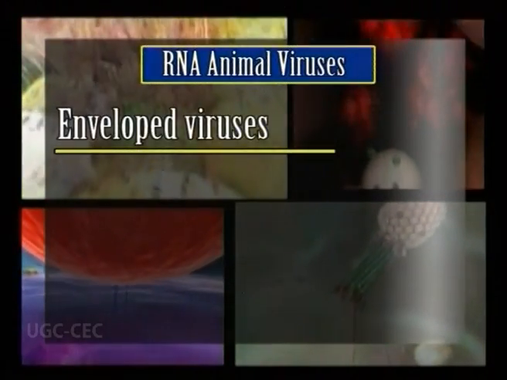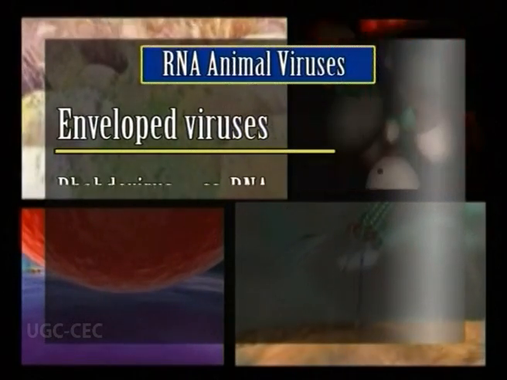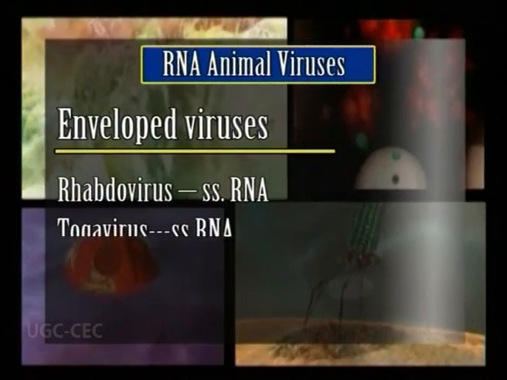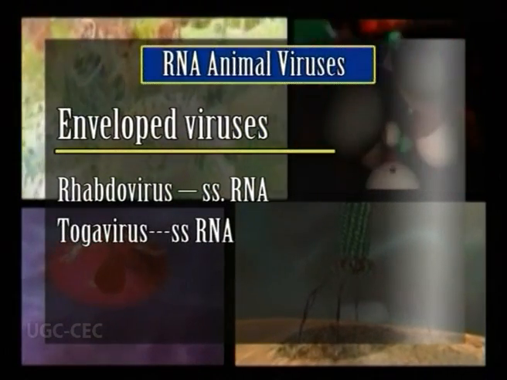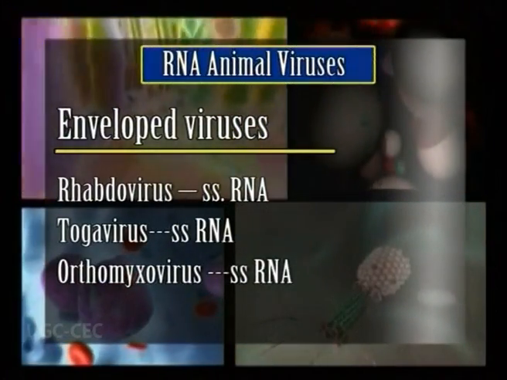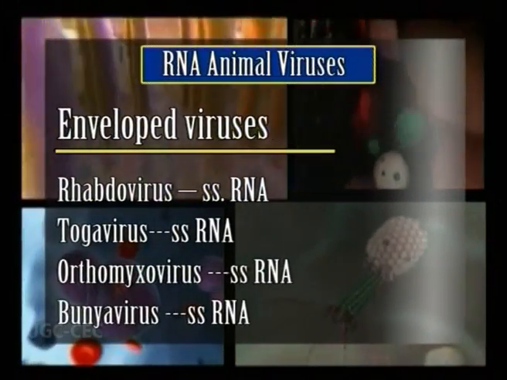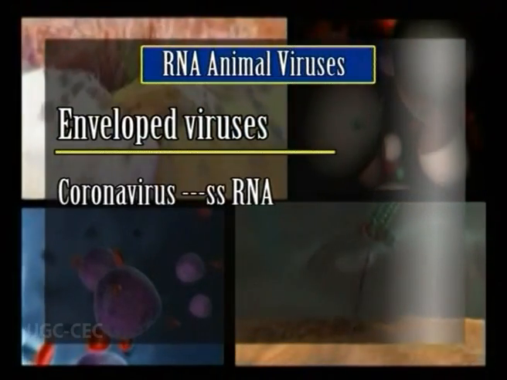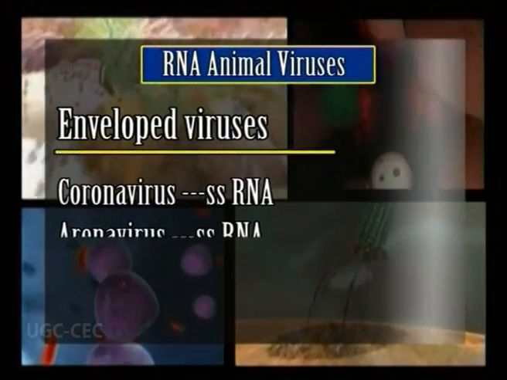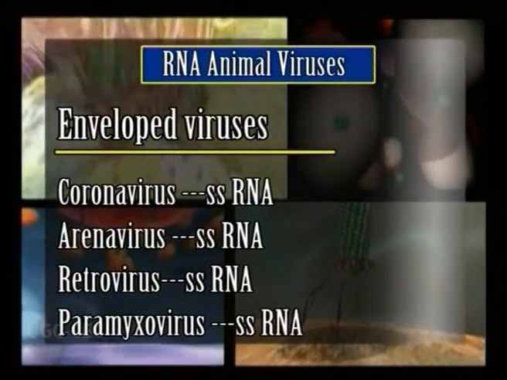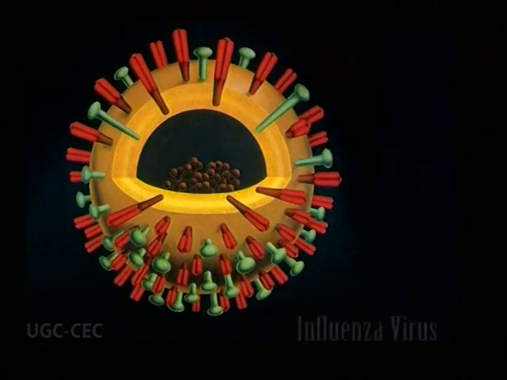In case of enveloped RNA viruses, rhabdovirus has single-stranded RNA, togavirus with single-stranded RNA, and orthomyxovirus with single-stranded RNA, Bunyaviruses with single-stranded RNA, coronavirus with single-stranded RNA, arenavirus, retrovirus, and paramyxoviruses have single-stranded RNA.